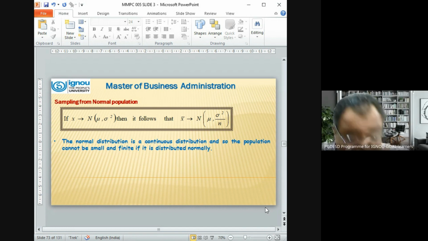Okay. Anyone else? Yesterday I showed you a bell-shaped graph, and we were talking that here mean, mode, and median will be equal. And then we started the z test.